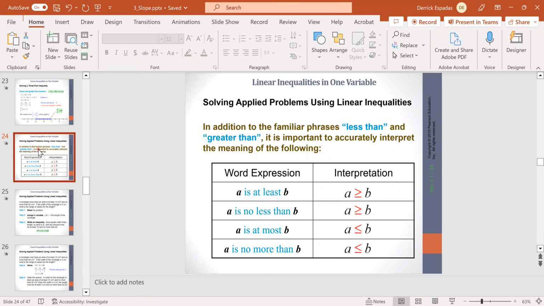When you're looking at a word problem, A is at least B means that A is greater than or equal to B. When you encounter A is no less than B, A is greater than or equal to B. Same thing. A is at most B means that A is less than or equal to B. And when we say A is no more than B, we mean that A is less than or equal to B.